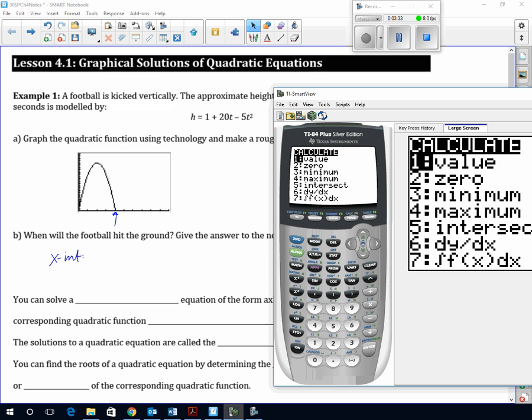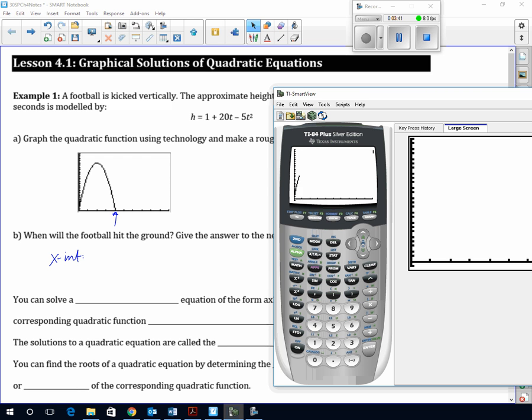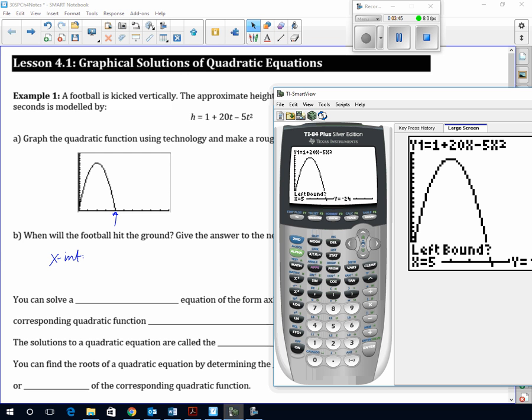And I need to go on the left and the right of that. So left bound, I got to find where. I can't even see where it is. So I'm going to keep on. No, I got to go left more this way.